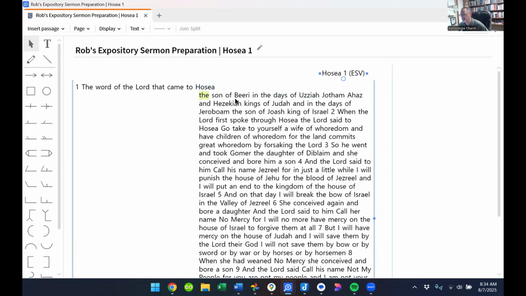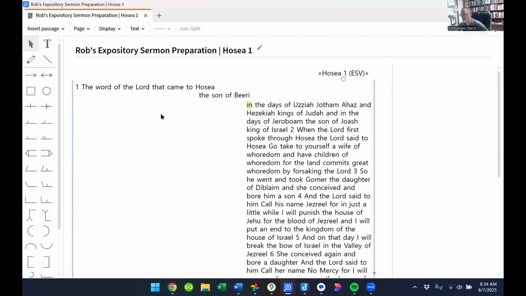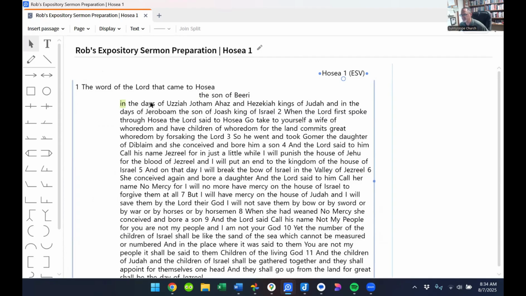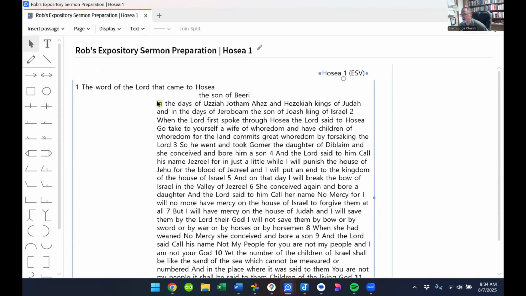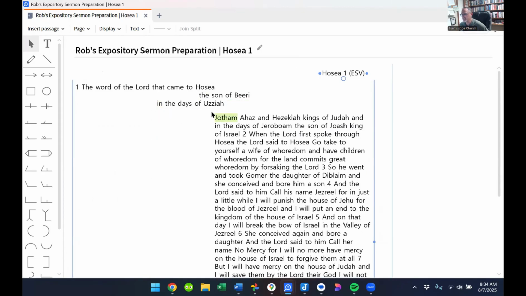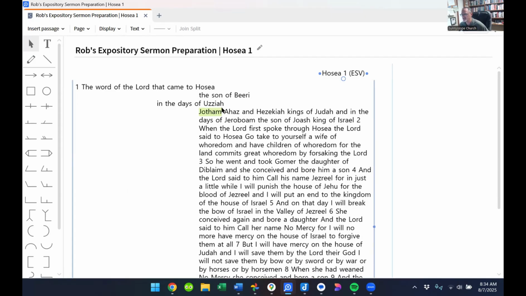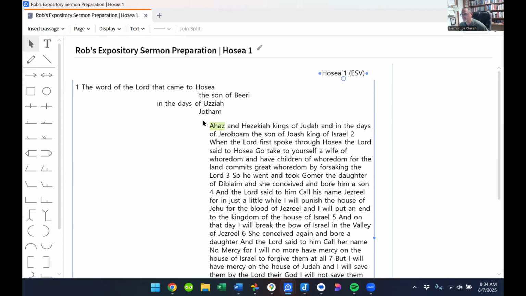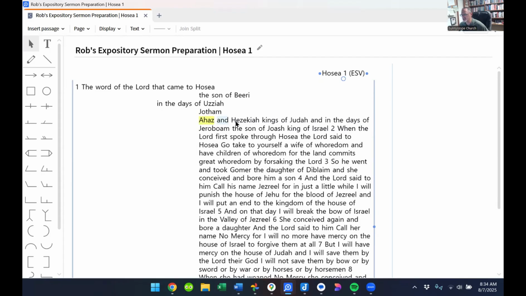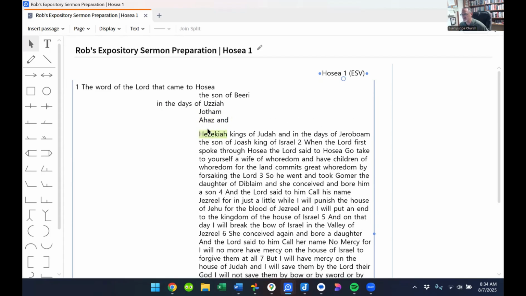So Hosea is the son of Beeri, and the word of the Lord came in the days of Uzziah. And then it also gives us a number of additional kings here. So again, I like to put those down. It just helps me follow the relationship of these clauses to the main idea.